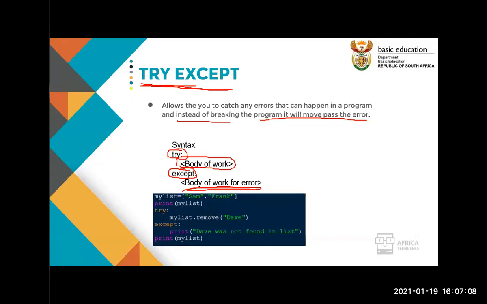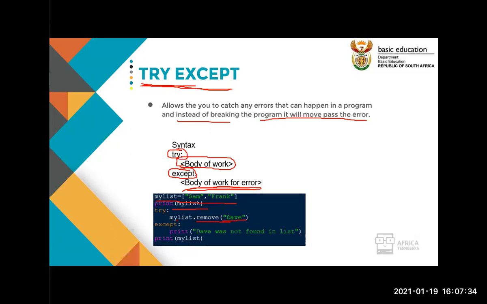And that was when we used the list before. Your list that we had, remember we wanted to remove Dave the last time, and our program gave us a little error because Dave doesn't exist in this list. So what I said was, okay, my list is going to be all that information, and I'm going to print my list to show you that's there. I'm going to try and remove Dave, but before, when I didn't try, it gave me an error.